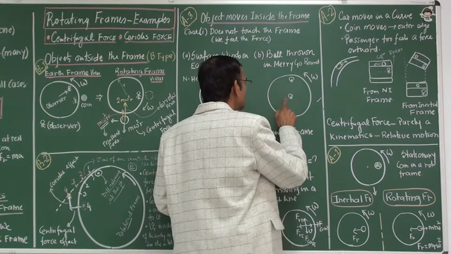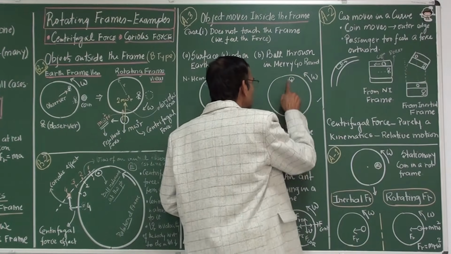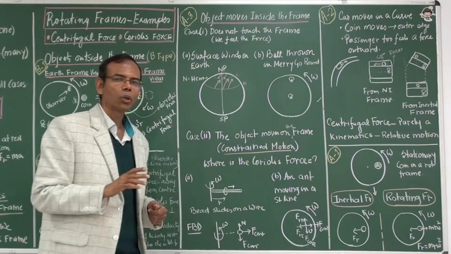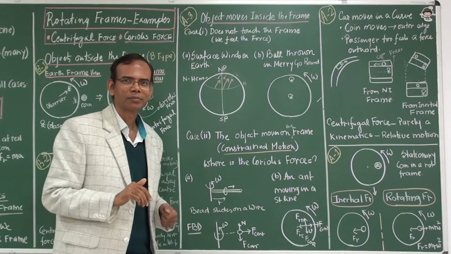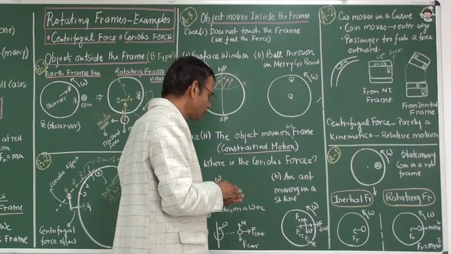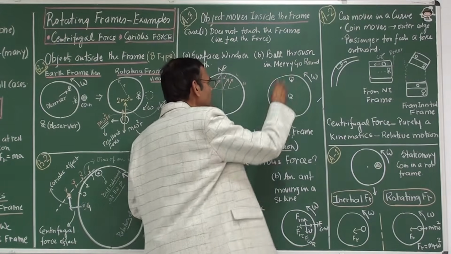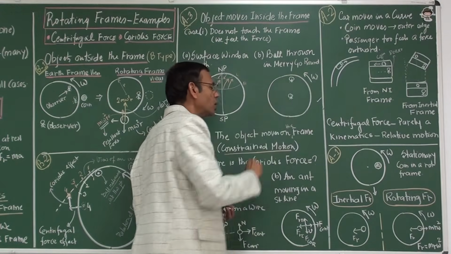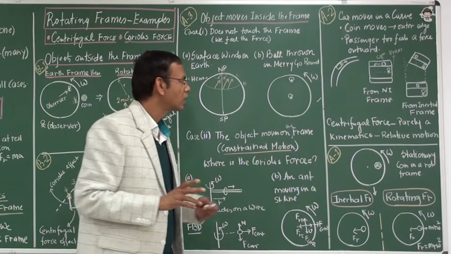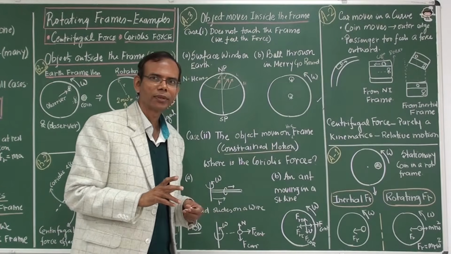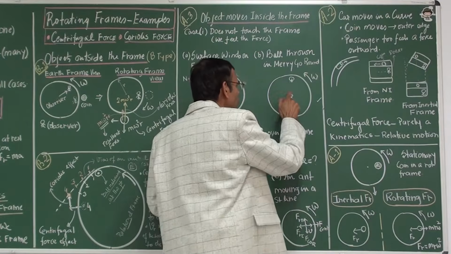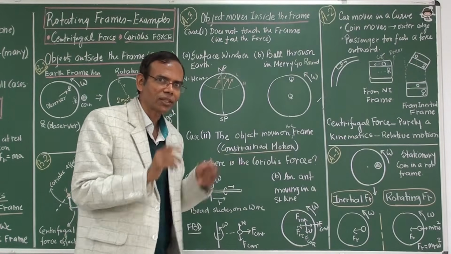Now this person throws a ball onto him, and will the ball go in a straight line? So let us see that. Can you tell me, if this person is throwing the ball, how will they see the ball? Will he be able to catch it?